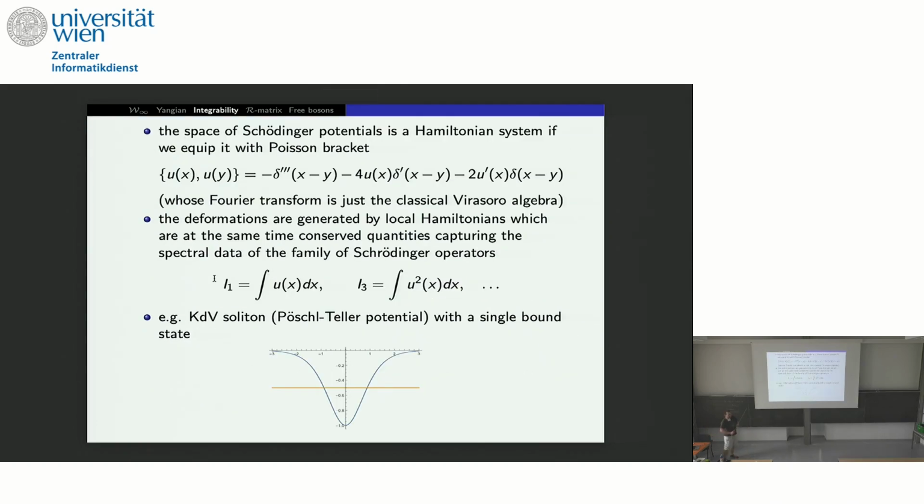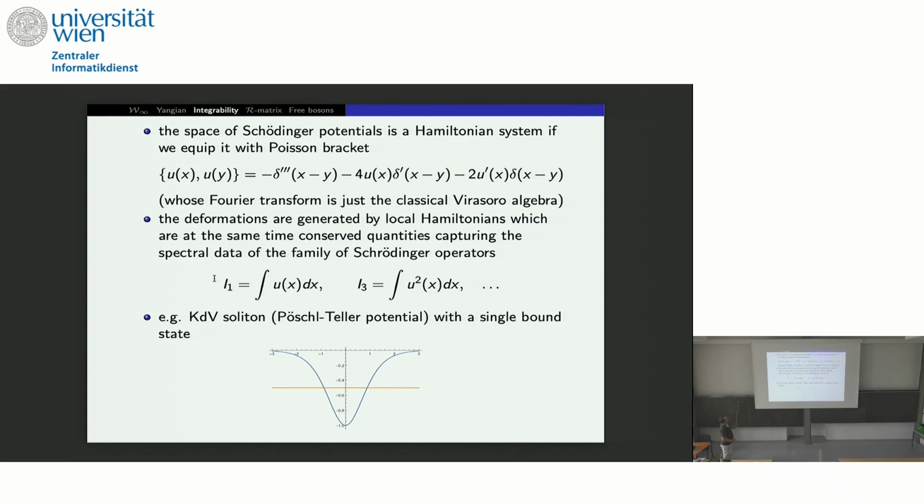So I can consider the infinite dimensional space of all Schrödinger potentials, modulo the boundary conditions, but that I don't care about because all this discussion is kind of local and algebraic mostly. So it works for different choices of boundary conditions. I can study it on the circle, or I can study it on the real line with fast enough decay and so on. That doesn't really affect this integrable structure.